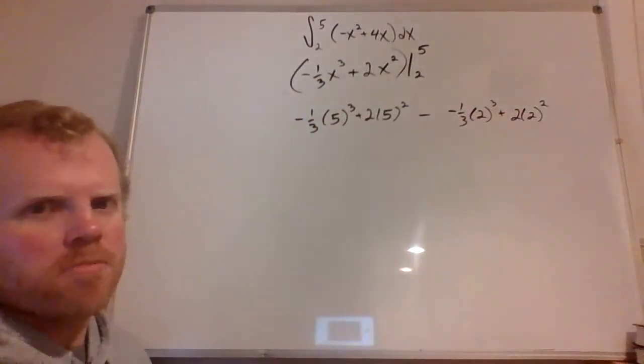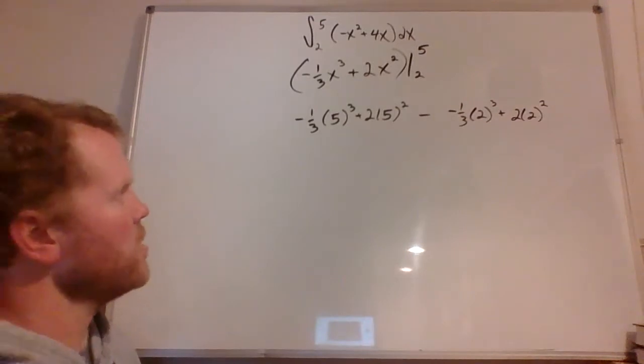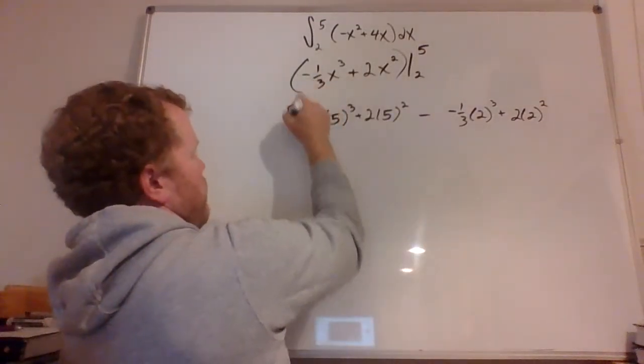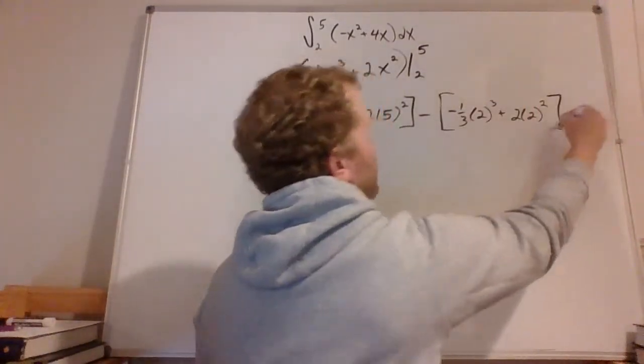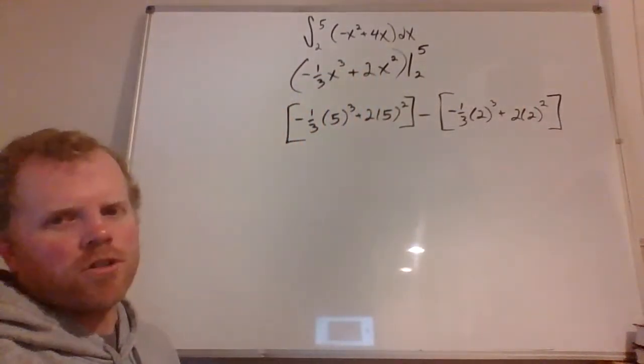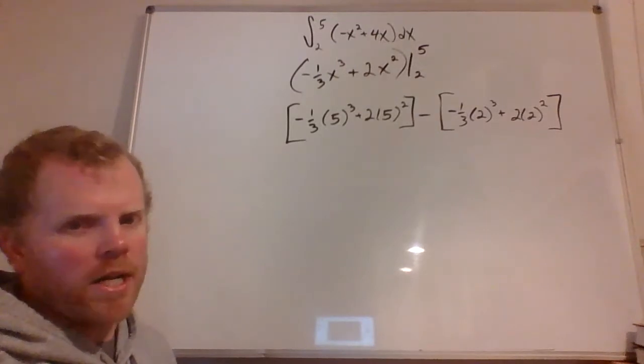Biggest and easiest mistake to make is negative sign errors. So this is the first result when you plugged in a 5, and this is the second result when you plug in a 2, and you're subtracting those two separate quantities.